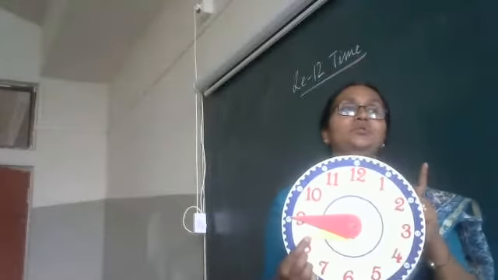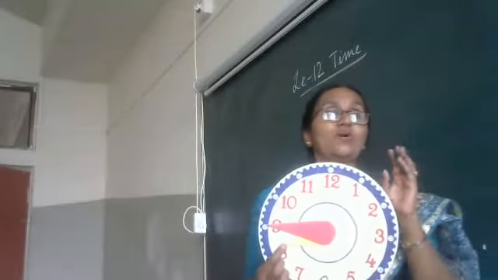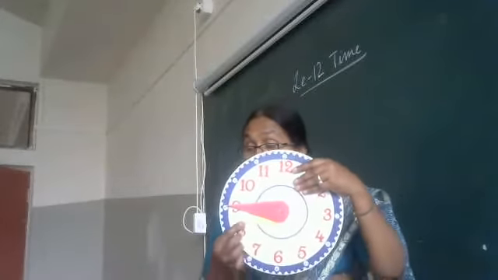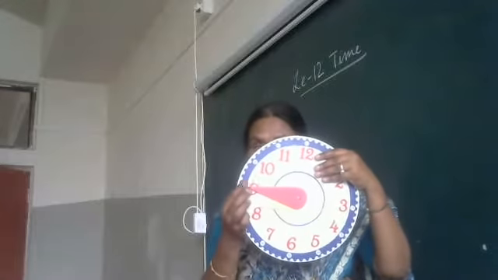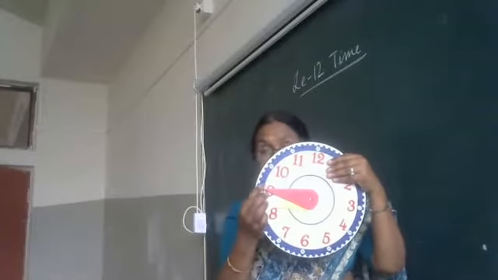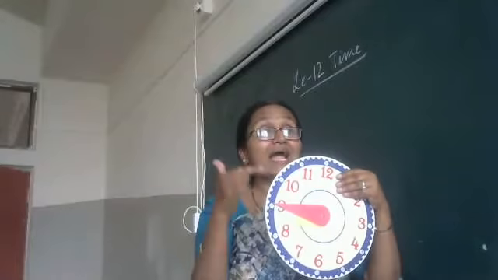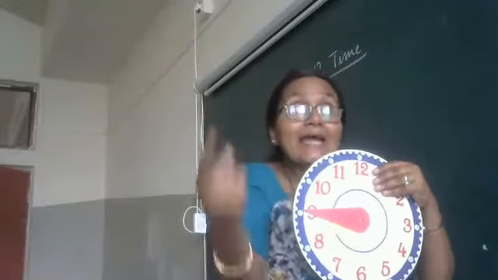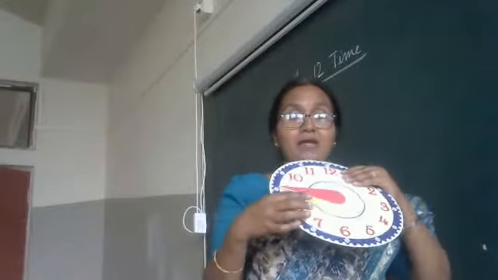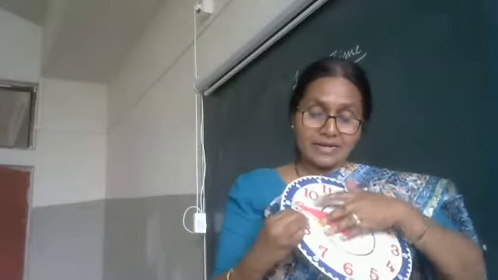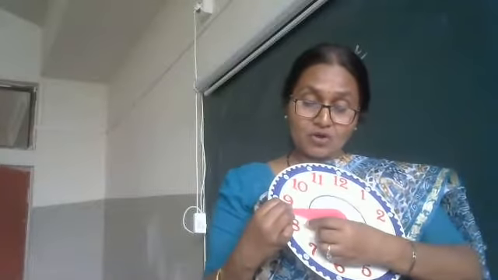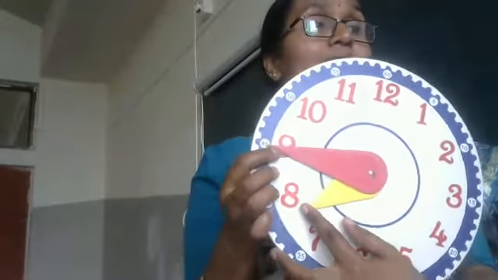Remember until now, one more last time I'm telling you, don't talk now, don't disturb. When the minute hand is on 9, the time is quarter to the next hour. Now if you see here, it is quarter to 8.